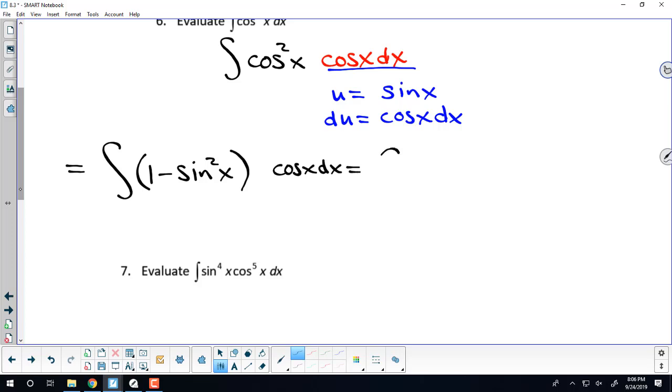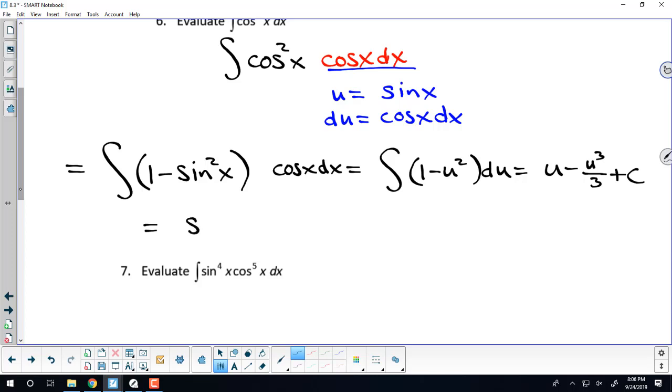So we've got the antiderivative of 1 minus u squared du. Very similar to the last example, except we wouldn't have that negative. So u minus u cubed over 3 plus c.